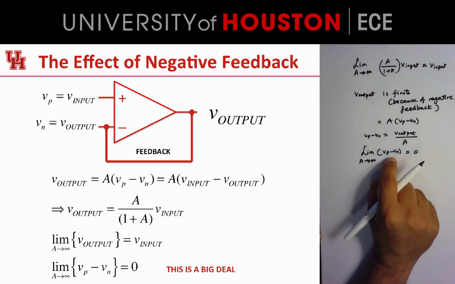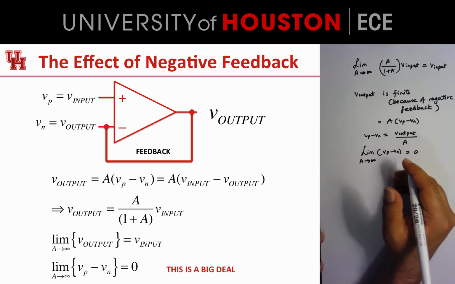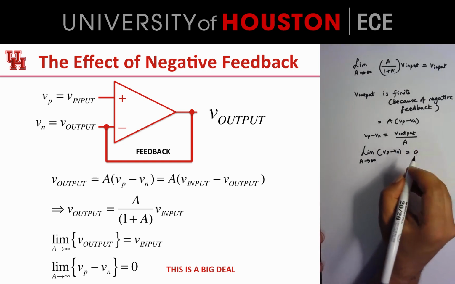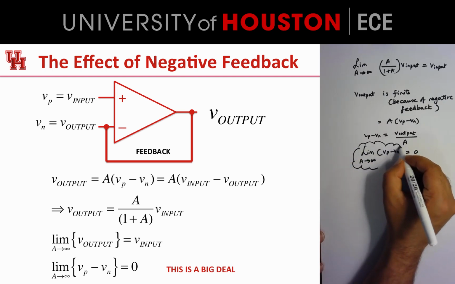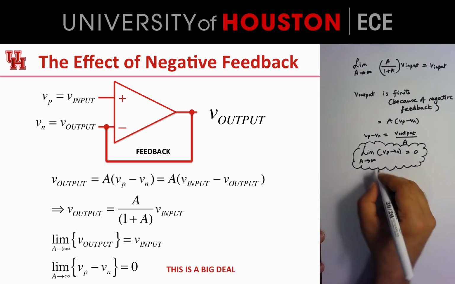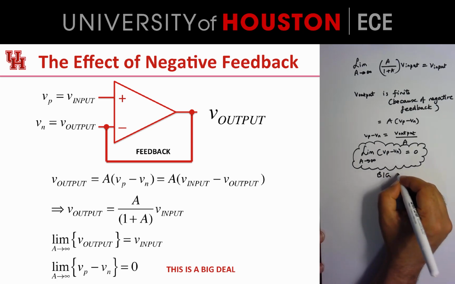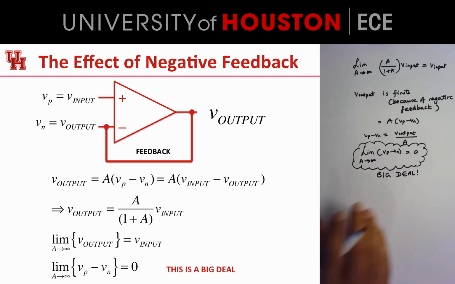Now this is a big deal. What it's telling us is that when an op-amp is in stable mode, the two inputs, VP and VN, are going to be about the same. Whenever an op-amp is in stable mode, VP and VN are negligibly different from each other.